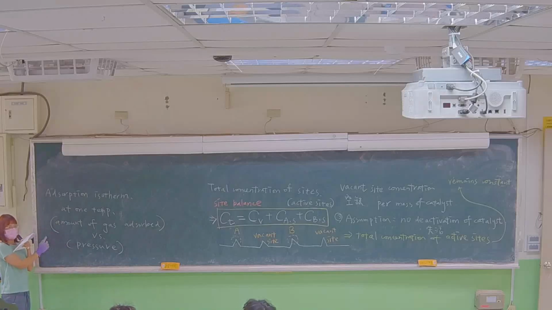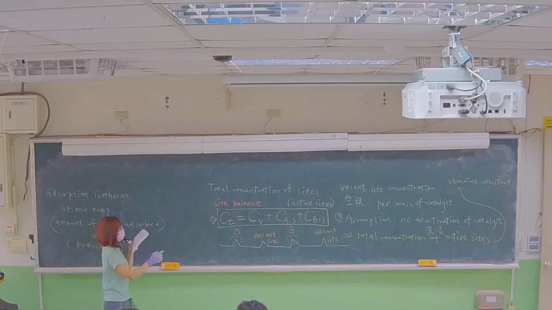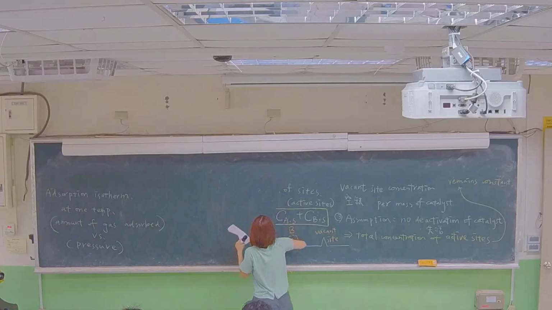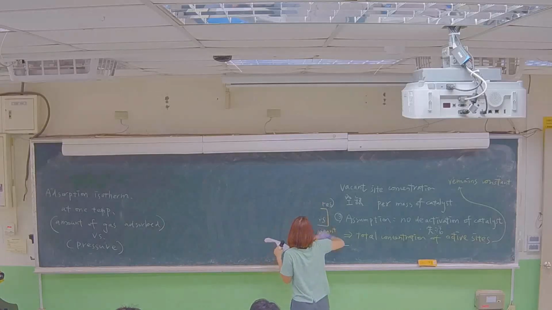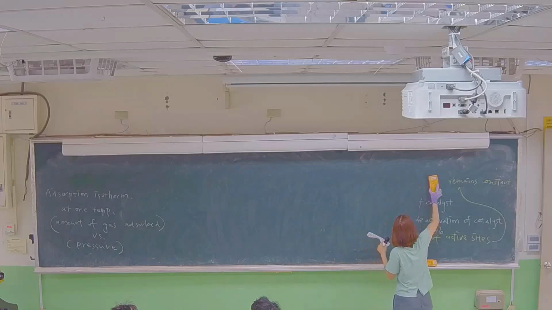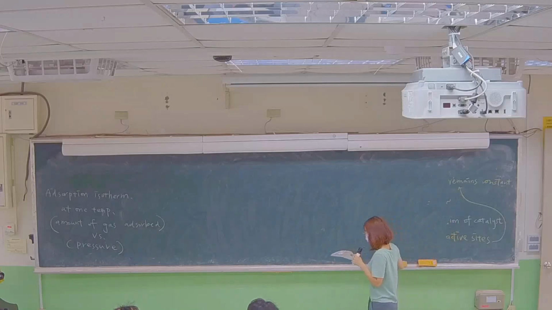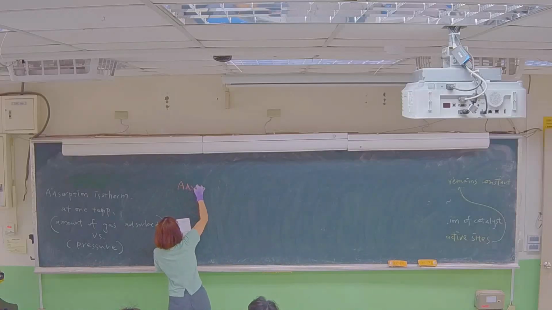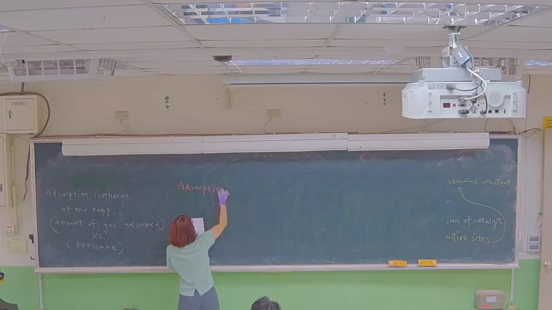P versus CA, the relation between them, that is the isotherm.